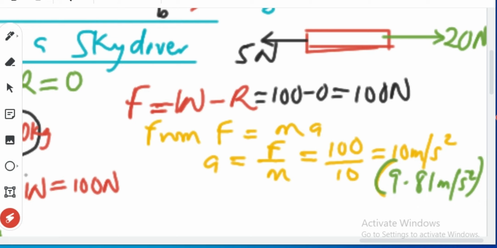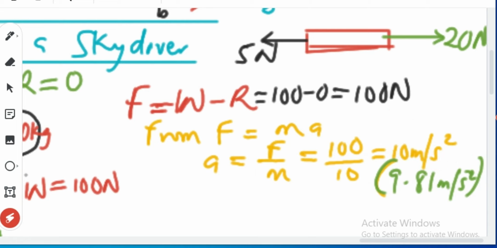Sometimes you may be asked, what is the acceleration when an object is about to fall? It is 9.81 meter per second squared, or 10 meter per second squared. Why? Because it's a free fall.